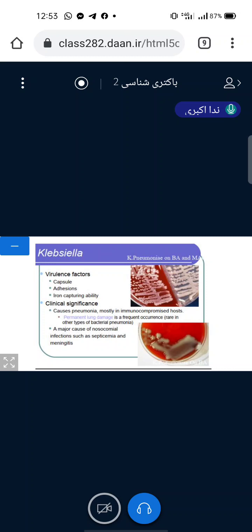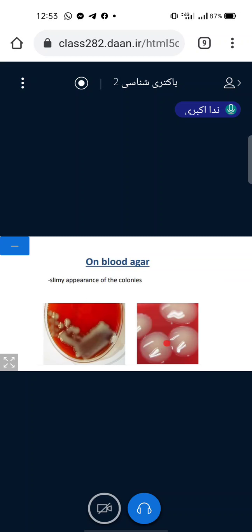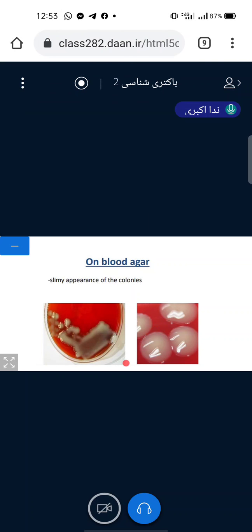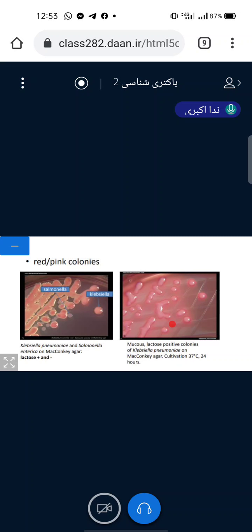I put the slide here just to remind you, but it's not in your exam. You can see the mucoid appearance of these colonies, because they produce a carbohydrate capsule. And on blood agar, you can see this appearance, or on MacConkey agar, because Klebsiella is a lactose fermenter. By fermenting lactose, it produces pink colonies on selective media like MacConkey agar.